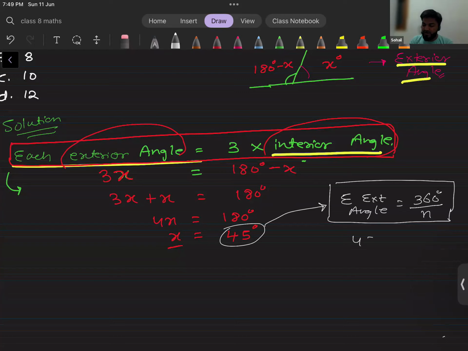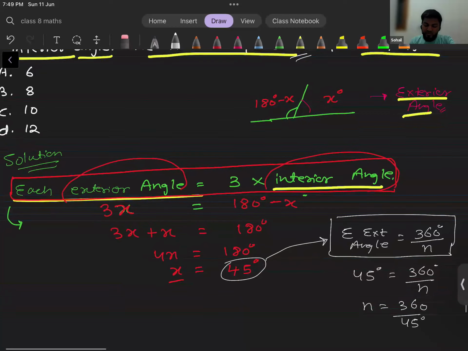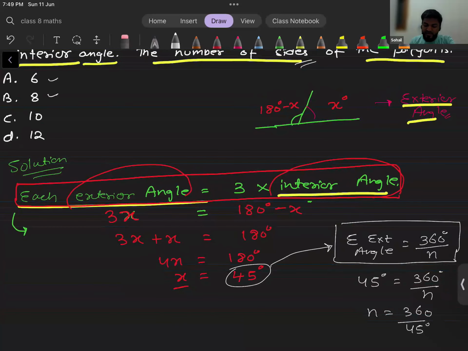So 45 degrees equals 360 upon n, right? So n equals 360 upon 45. Now what is the value here? 360 divided by 45 gives you how much? I have also given you guys options here. The options are 6, 8, 10 or 12. Which one is correct here?